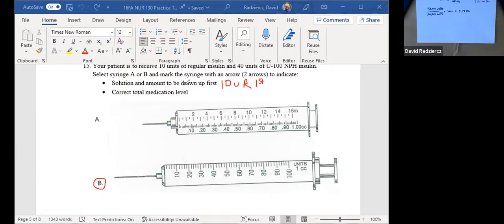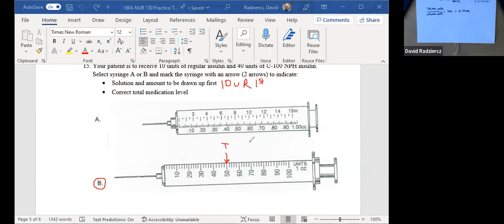Even though it says where to, it wants you to mark 2 arrows, I would make sure to mark solution B. I would take the total amount, which is 10 plus 40, which is 50, and make a mark indicating that this was the total amount. So I'm just going to write T. So total, you can say regular plus NPH.